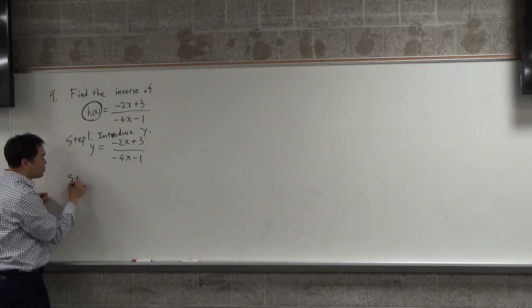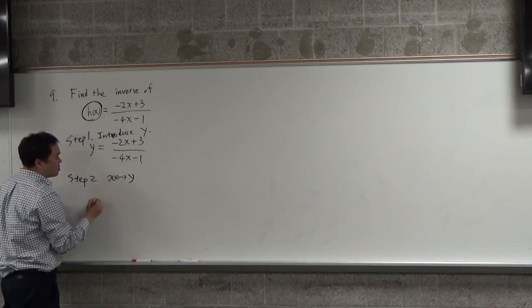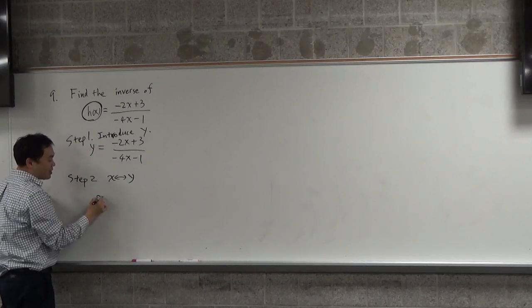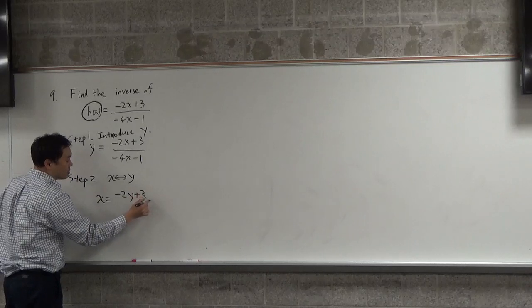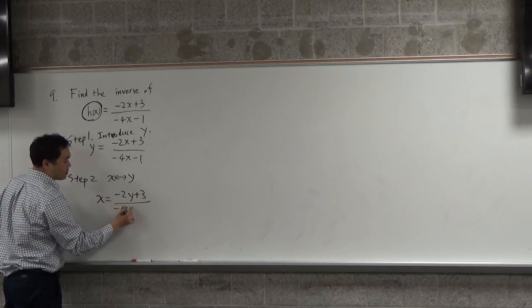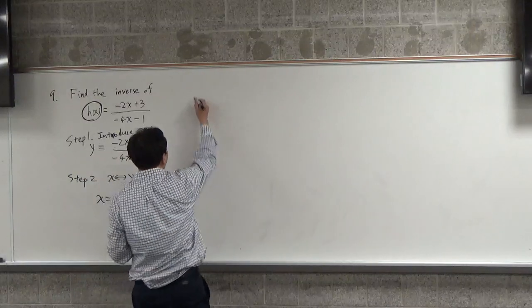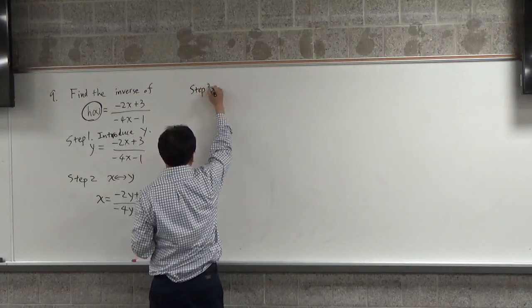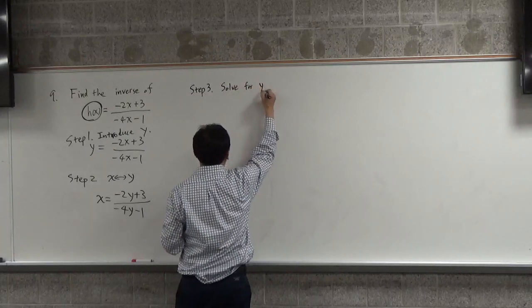So step two, x and y get switched. So anytime you see a y, you put x. Anytime you see an x, you put y. And what's step three? That's the hardest step, right? You solve for y.